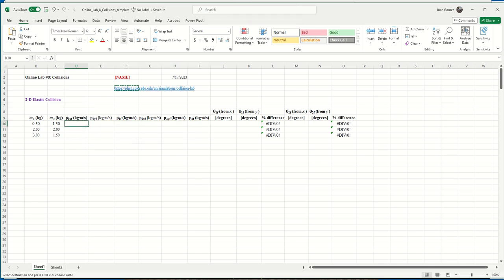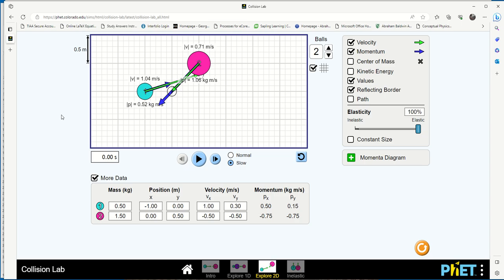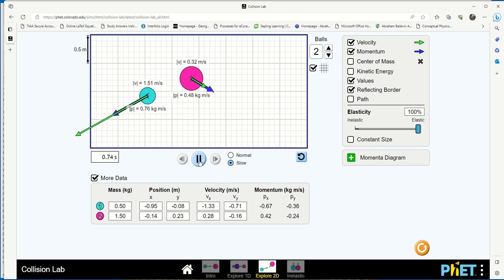So let me show you how that works. All our ducks in a row. Now I set it to slow, and then I'm going to just hit play. When they collide, I'm going to pause it. In the diagram, the bluish color is M1, the red is M2. That 0.76 kilogram meters per second is the magnitude of P1 final.